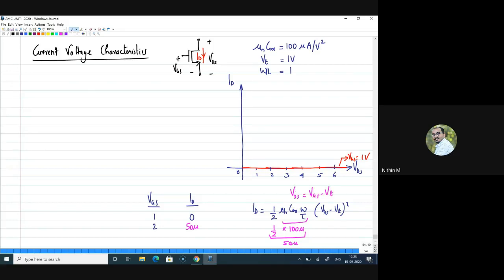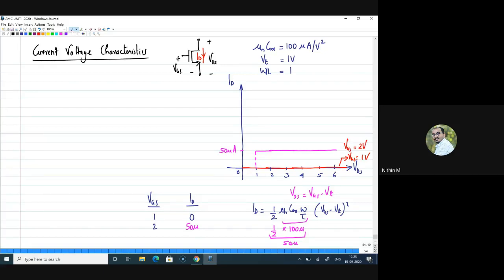VGS is 2, VT is 1, so 2 minus 1 is 1. That means from here on you will actually get this current. This current is 50 microamps, and I am getting it for a VGS value of 2.